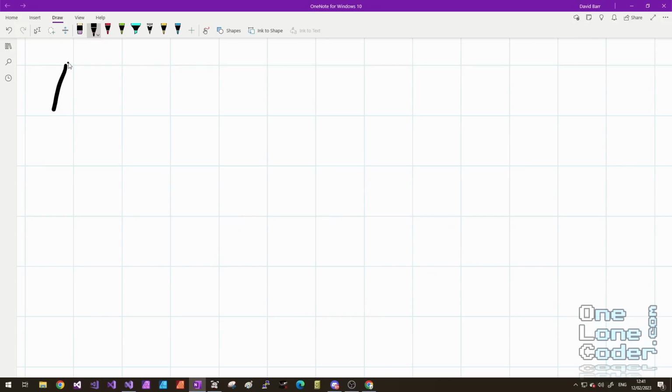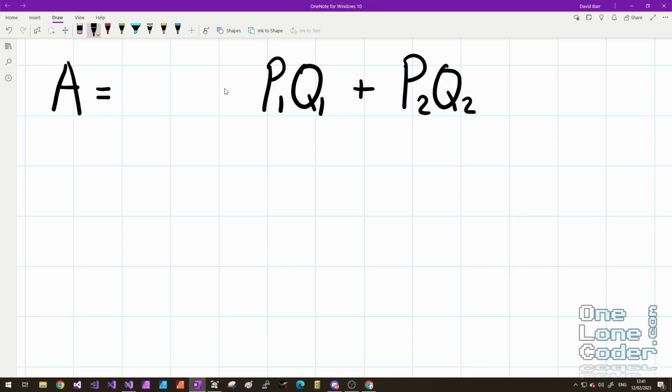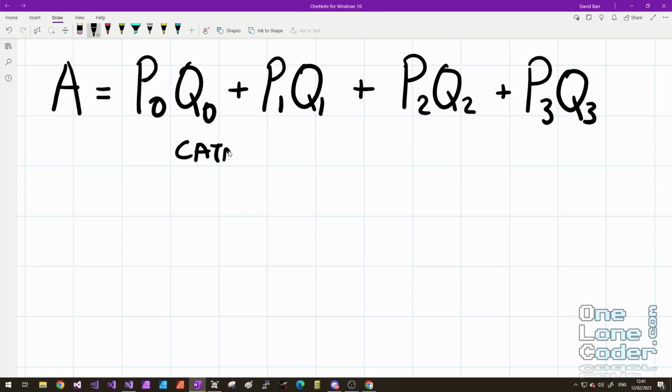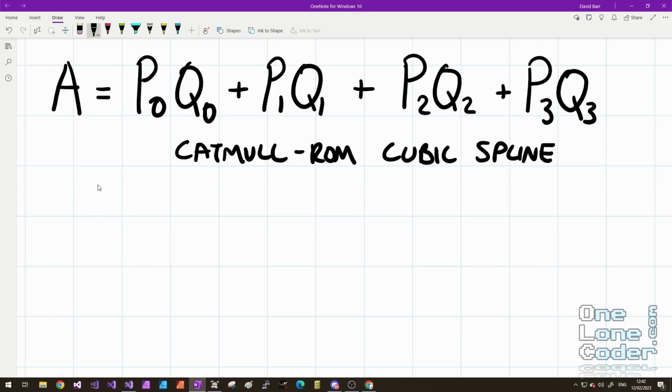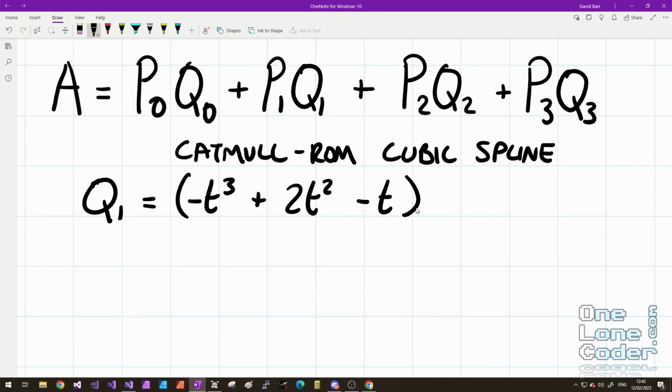Now, the reason I spent so much time talking about basis functions before is that for linear interpolation, we just had 2 components, P1, Q1, and P2 and Q2. Since we're introducing 2 additional points, we're going to also need to introduce 2 additional basis functions. And for a Catmull-Rom cubic spline, these are Q1 equals minus t cubed plus 2t squared minus t, all divided by 2.